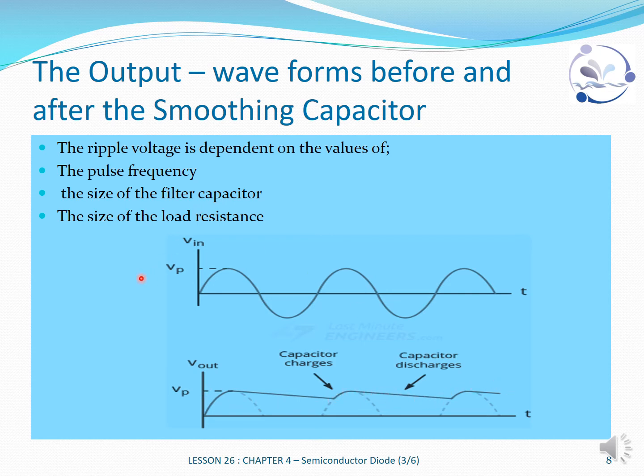Now we have three factors that our ripple voltage depends on: the frequency of the pulses, the size of the filter capacitor, and the size of the load resistance.